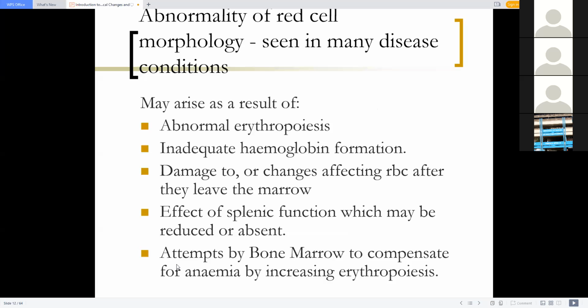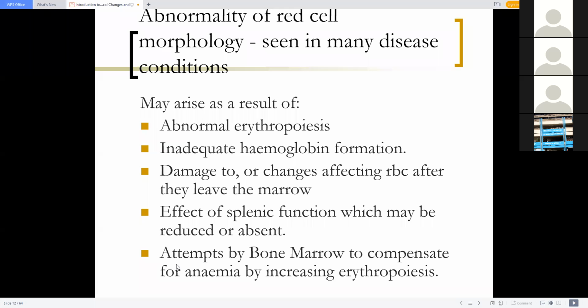All right, so one may ask, how do these red cell abnormalities or morphological changes occur? In these many disease conditions, what contributes to changes in this anisocytosis, in the poikilocytosis, in these inclusions?